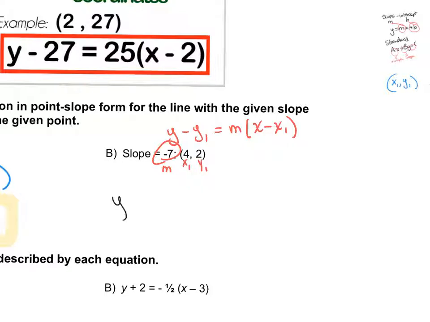So it's y minus y1, which is 2, is equal to m, which is -7, times x minus x1 is 4. That's it. Nothing else to do. Just leave it in that form.